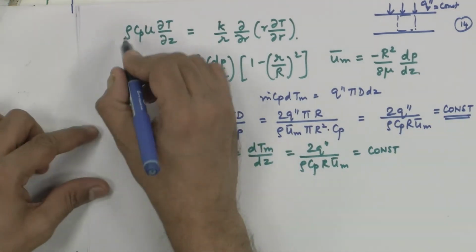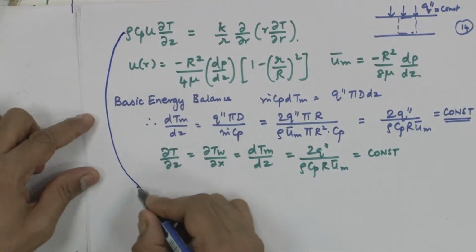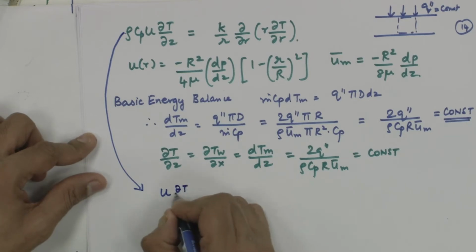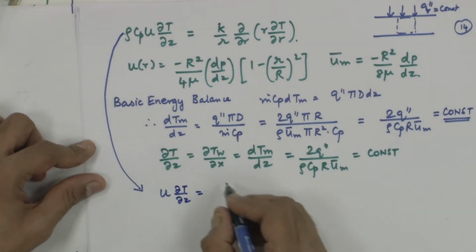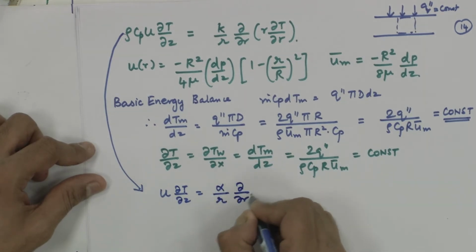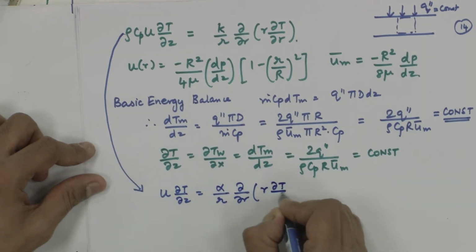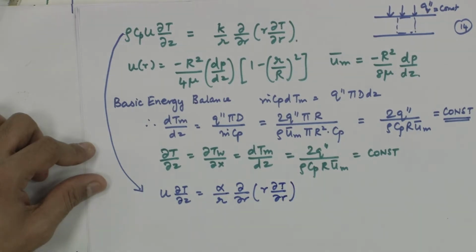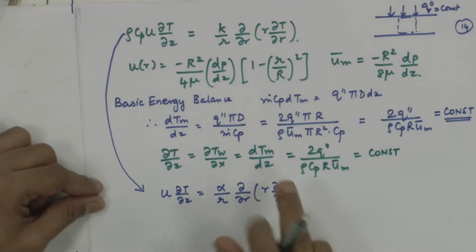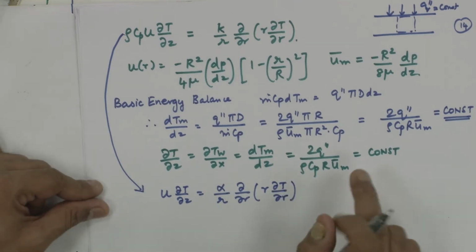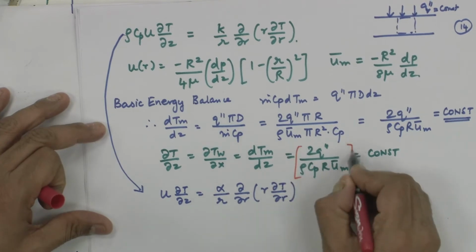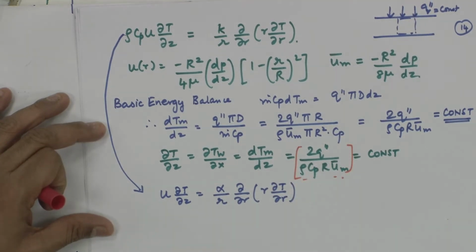So, let me go to this energy equation. This is nothing but u dT by dz is equal to k over rho Cp, which is alpha, so alpha by r d by dr of r dT by dr. Nothing can be changed here except that we substitute now. So, I substitute for dT by dz as this quantity.